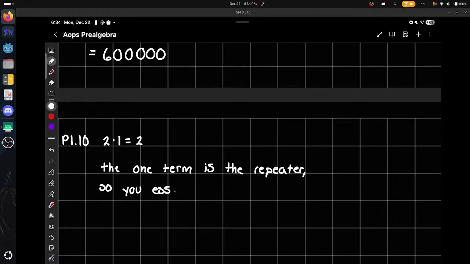So using the picture below, explain why 2 times 1 equals 2. The one term is the repeater. So essentially, we want to repeat two once.